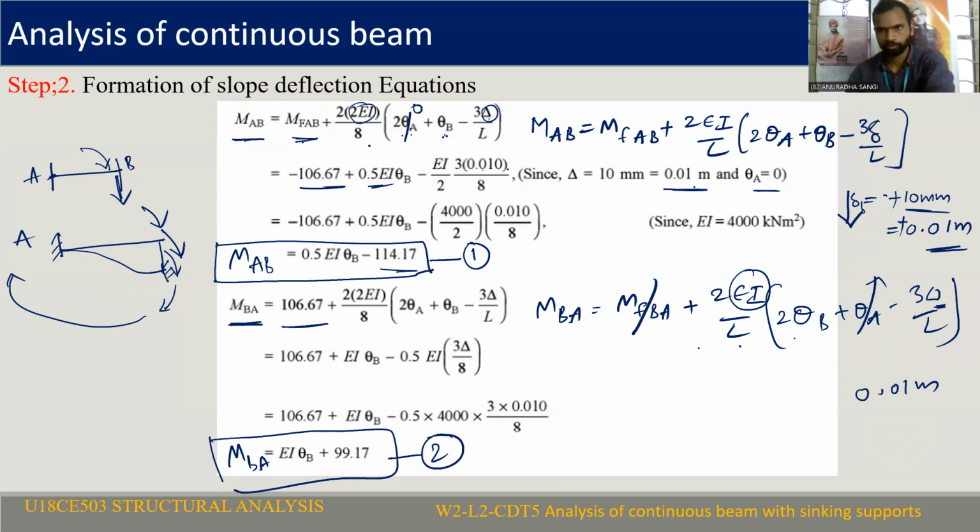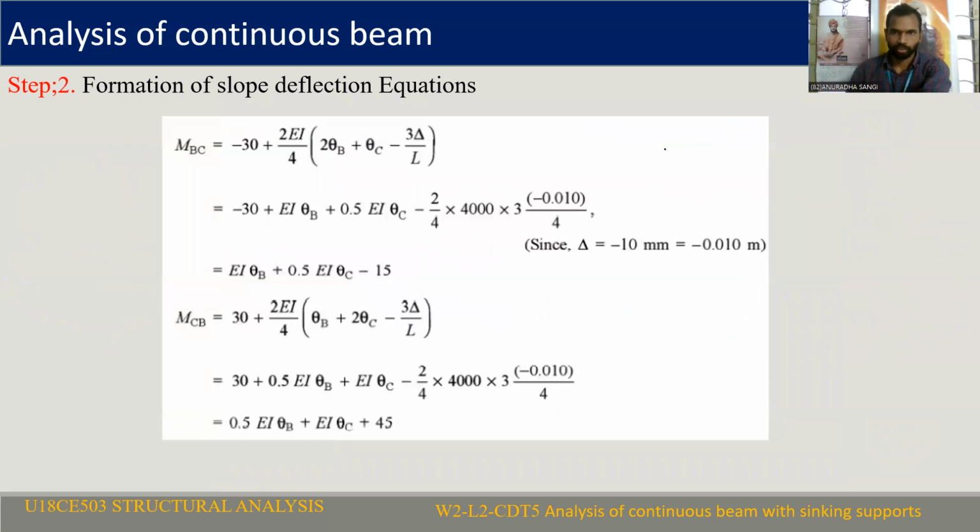Now coming to the second span, the BC span, this is B and this is C. With respect to C, B is settling down, which is producing anti-clockwise effect. So for delta B here, we consider minus delta.